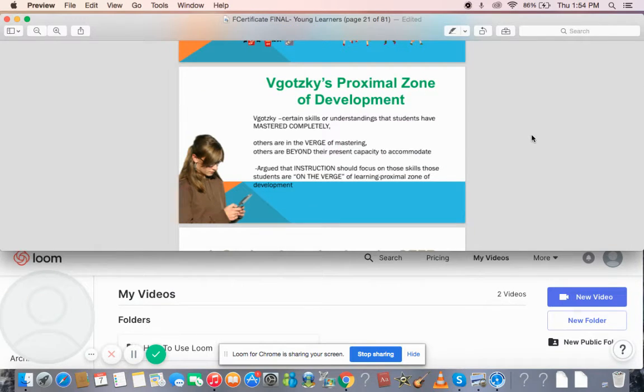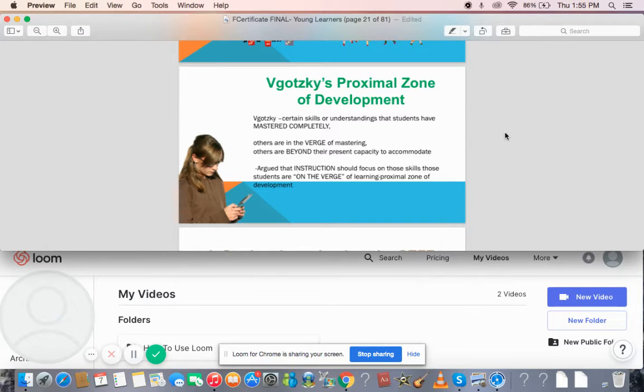One of the most interesting and I think one of the most important theories when we talk about education is Vygotsky's zone of proximal development. Vygotsky believed that there are certain skills or understanding that students have mastered completely, while others are on the verge of mastering, and others are beyond their present capacity to accommodate new things.